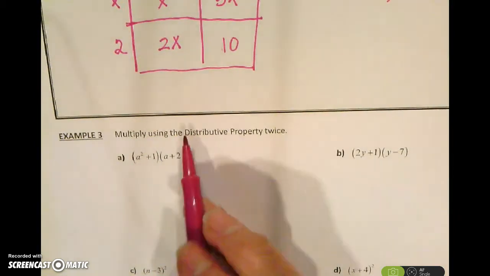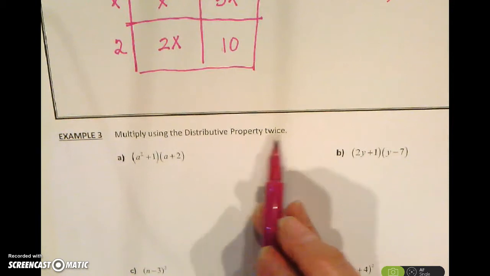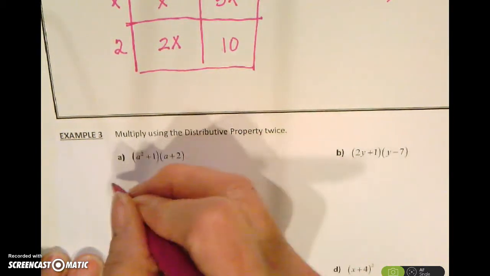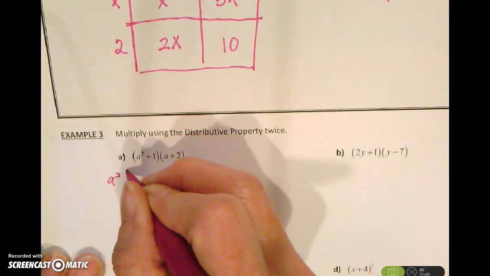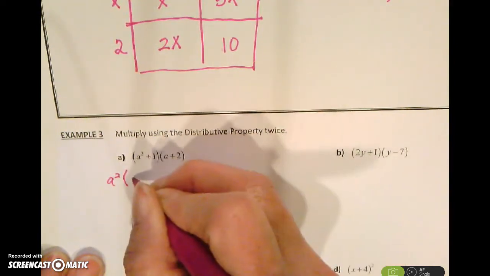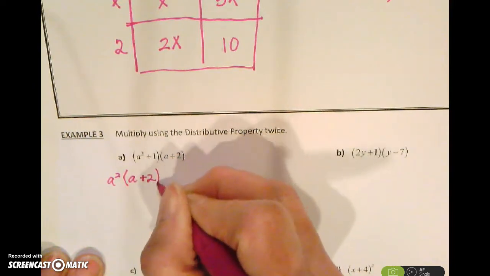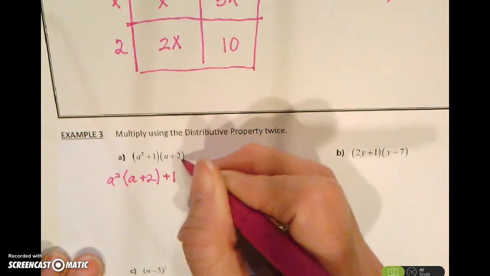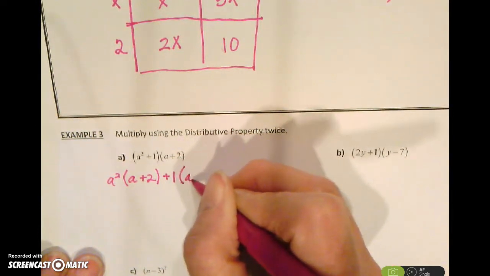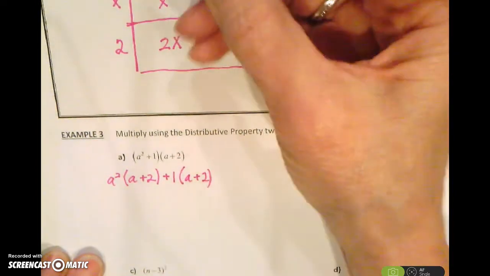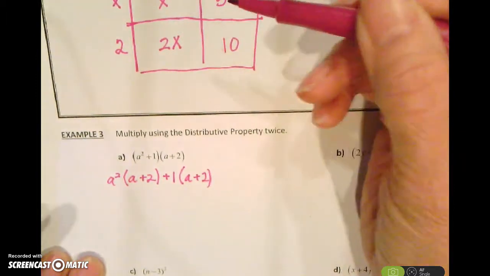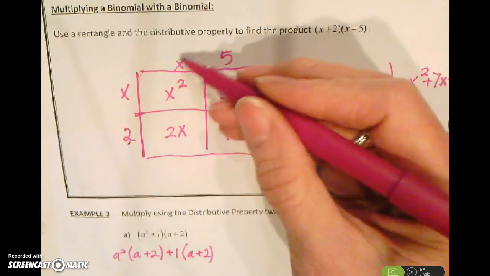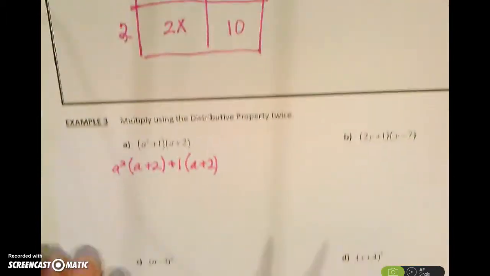We're going to use the distributive property twice, and we're going to take this first term, a to the second, and distribute it through a plus 2, so times a plus 2. And then we're going to take this plus 1 and distribute it through that second parentheses as well. So you can see that's what we did here, x times x plus 5, and then 2 times x plus 5 to get these numbers.